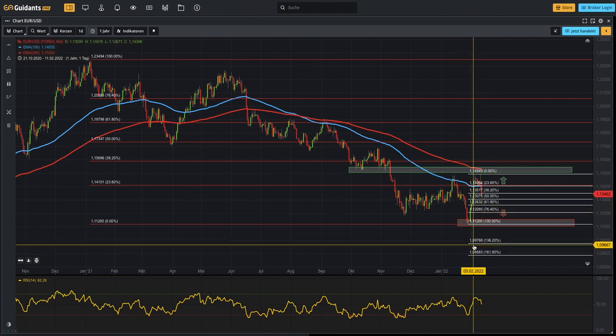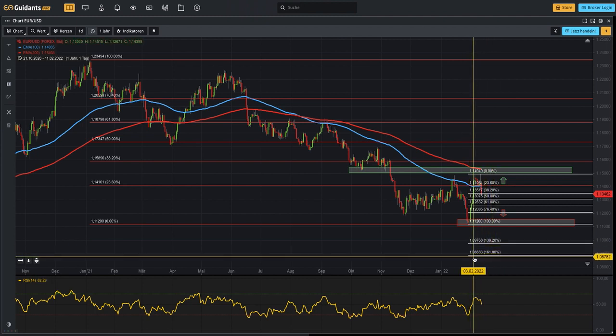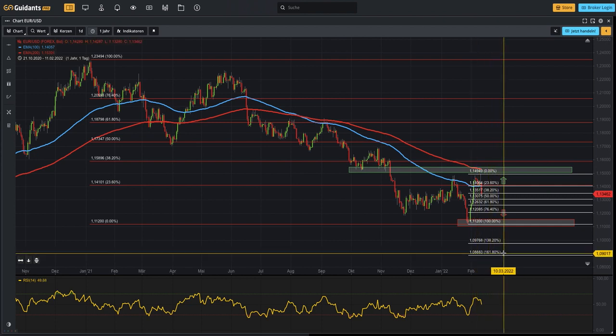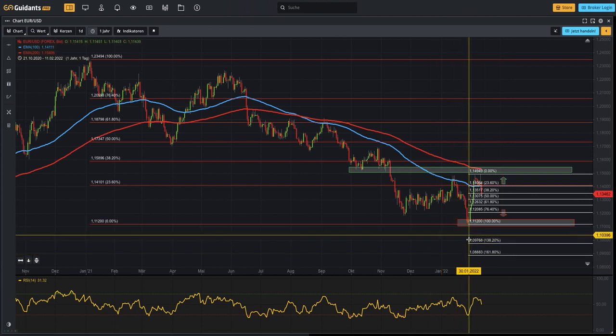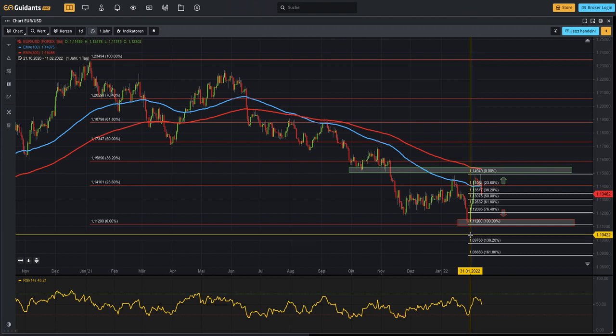Right here, the 109.768 as a 138.2 fib projection, and 108.883 as a 161.80 projection to the south. So those are the possible next targets for the bears, regarding more US dollar strength to come, in case we see more trouble ahead in the next weeks.